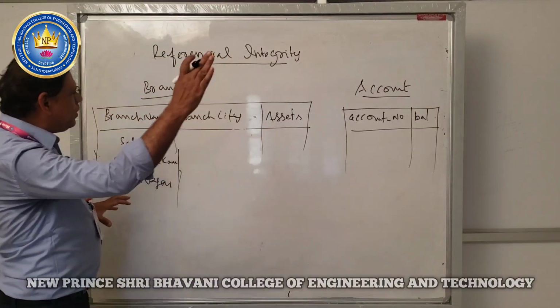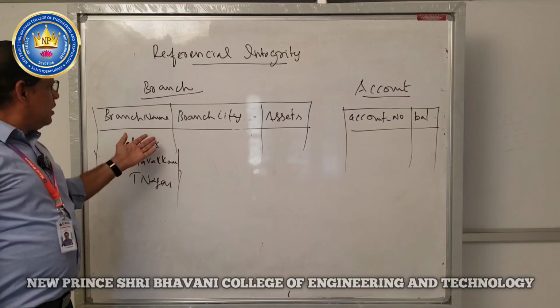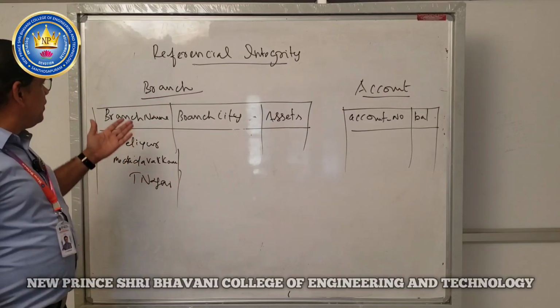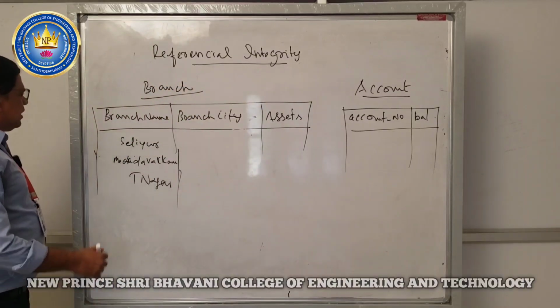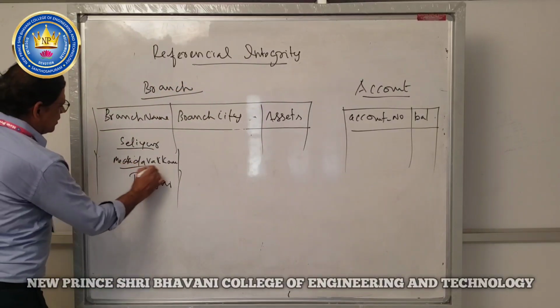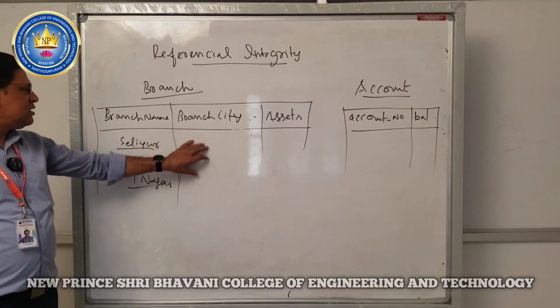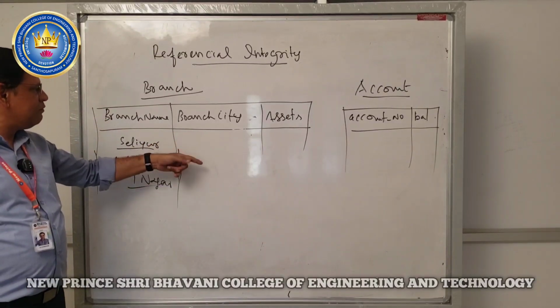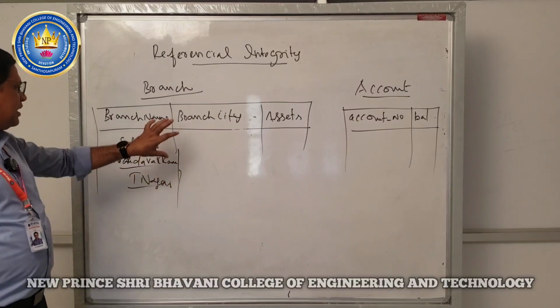Like this, multiple entities will have multiple relationships. Here there isn't any common field to establish a relation between branch and account. But one thing is, the branch name we can set as a key, because that will be a unique value. But branch city is not like that. The same city will repeat again and again, so we cannot keep it as a key.